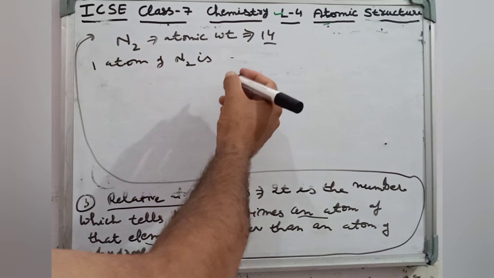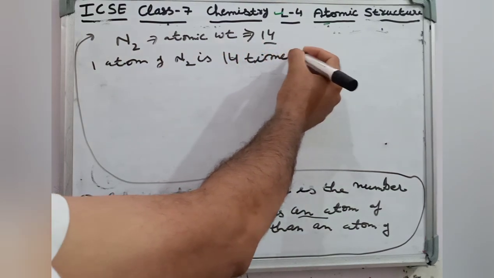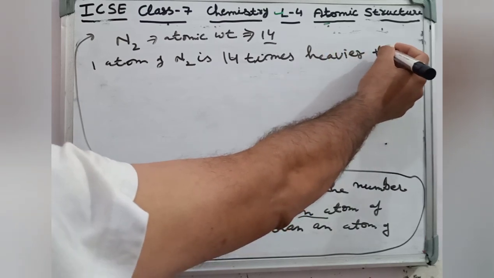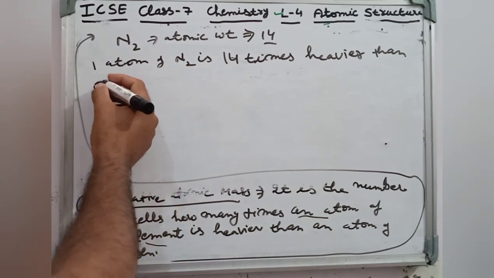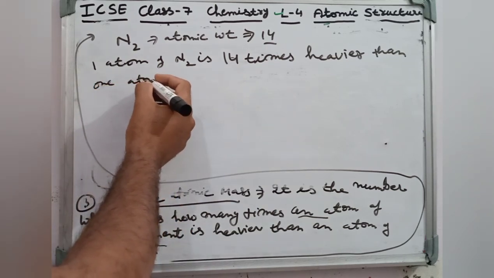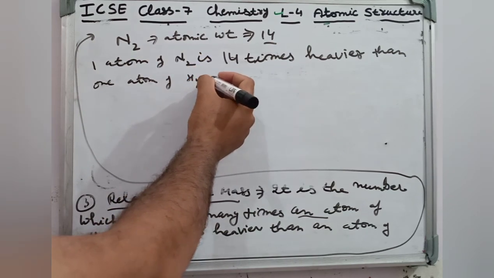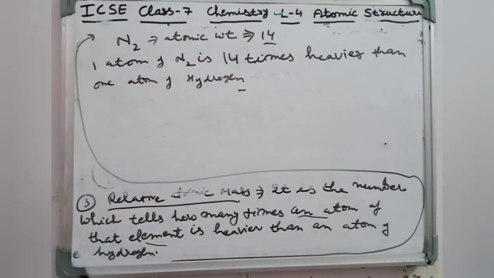It is 14 times heavier than one atom of hydrogen. Nitrogen is 14 times heavier than one atom of hydrogen.